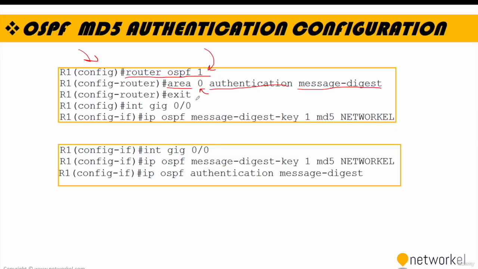Then I am going into the interface level and typing ip ospf message-digest-key 1 md5 and whatever key you would like to configure. Okay, that is how it really works.